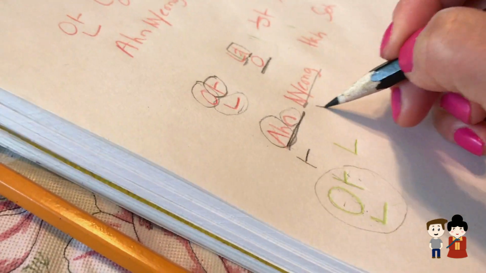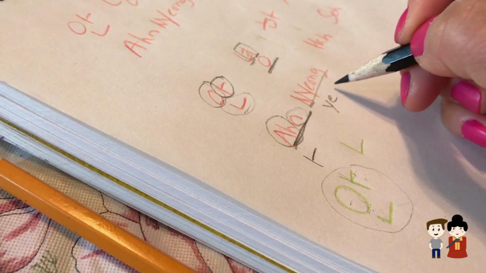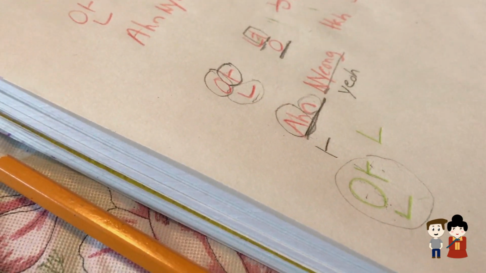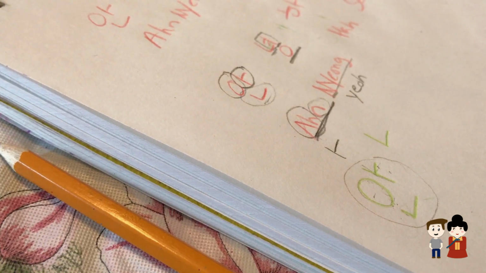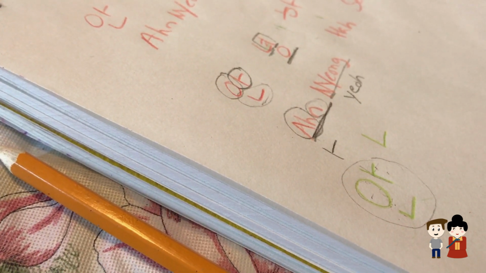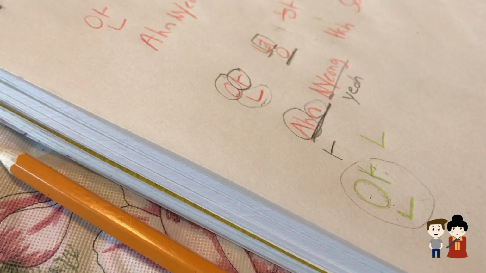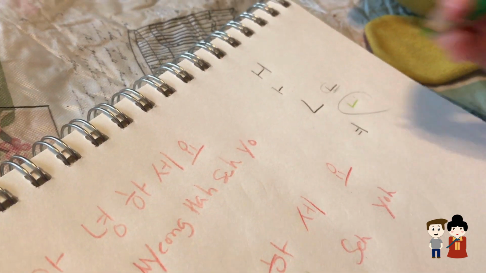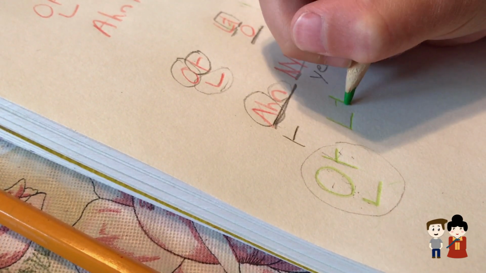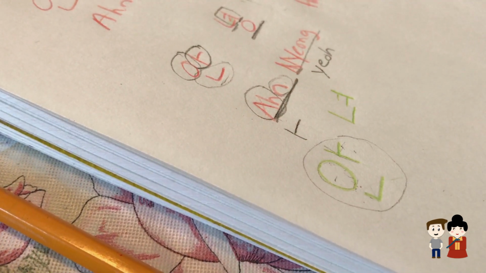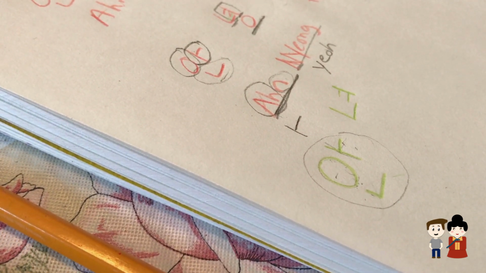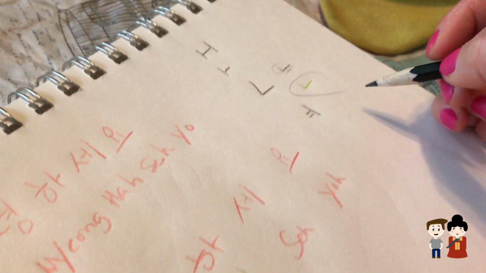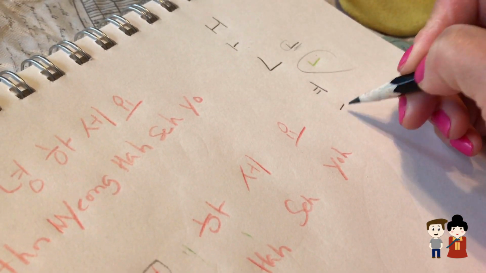That is pronounced yo. Can you hear it in Ahn Nyeung? In the young part, it's yo. So the way you write it is, the letter looks right, but the strokes you didn't do correctly. Do the strokes this way.